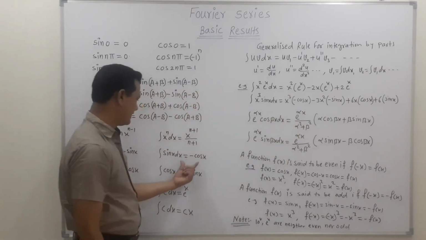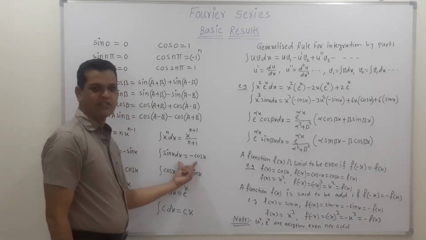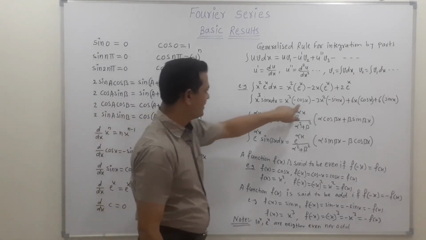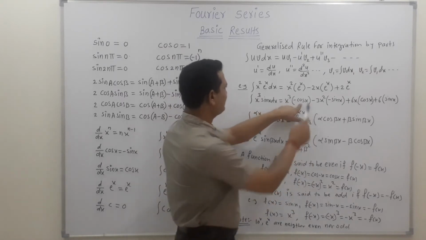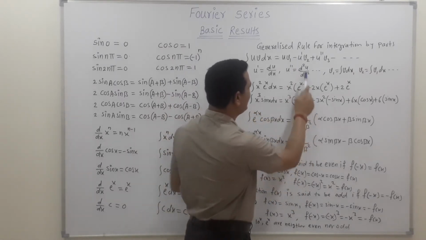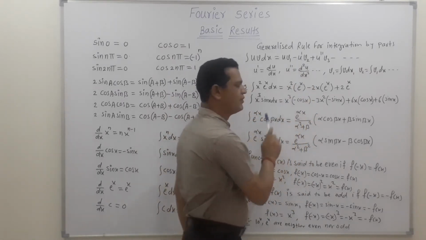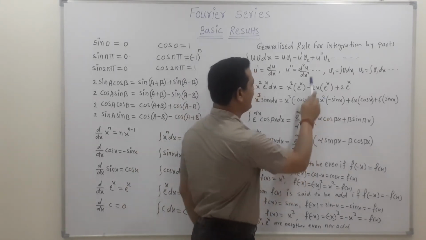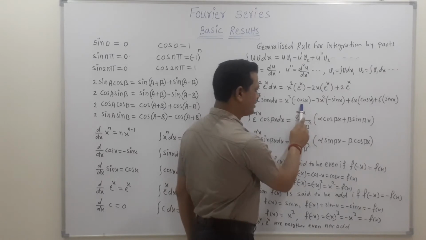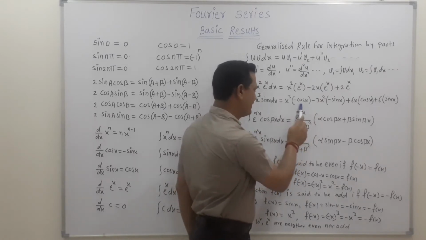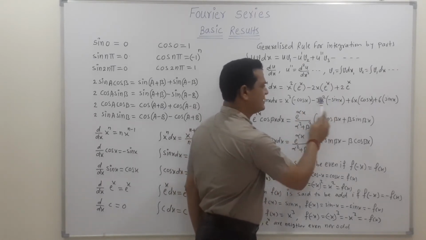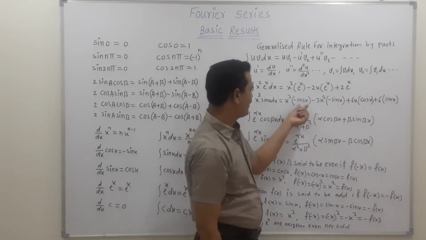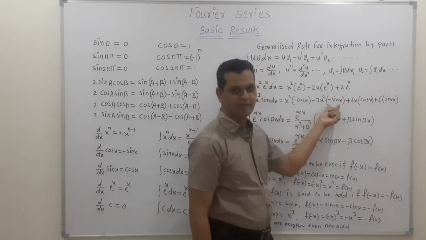So this term is minus cos x. Next is a minus sign, then u dash, the derivative of x cube, which is 3x square. Then v2 means integration of v1, so the minus sign stays and the integration of cos is sine. That is why this term is here.